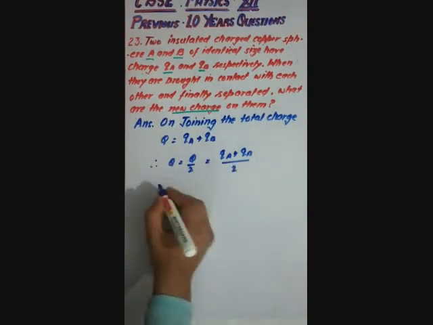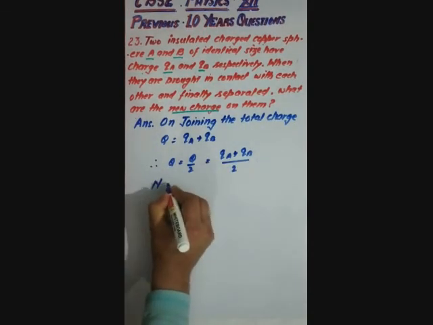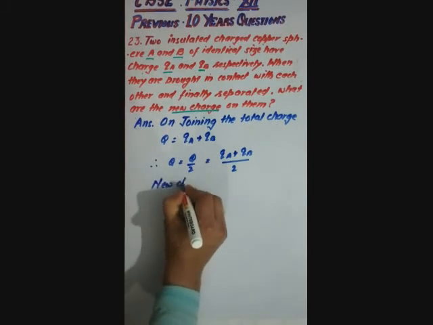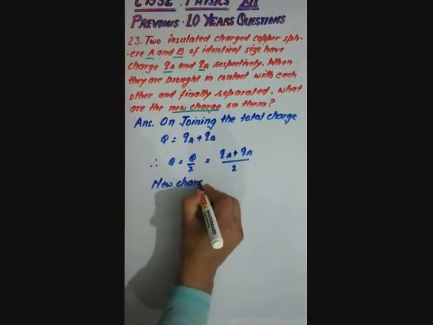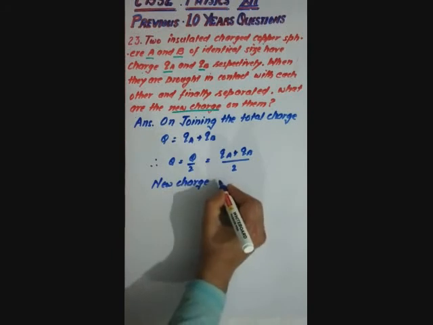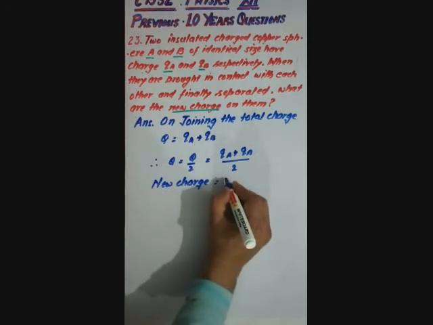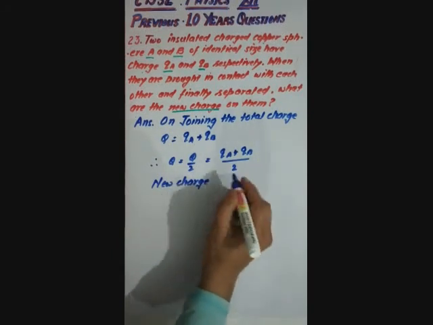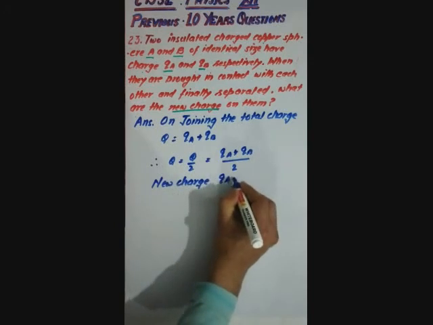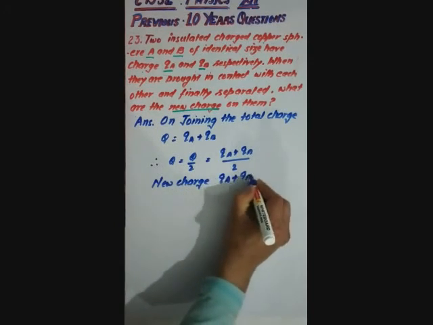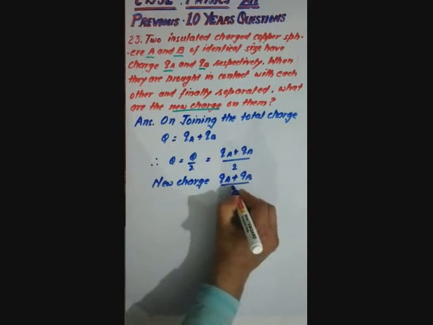It is the new charge. New charge is QA plus QB upon 2.